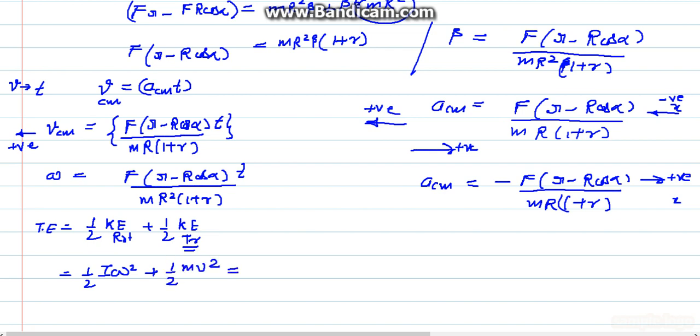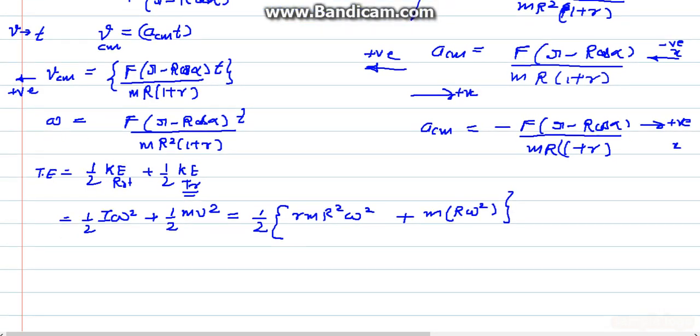Just place the values: one upon 2 we take common, I is gamma mR square into omega square, plus m v, where v is R omega, squared. So we can write 1 upon 2 m v square into gamma plus 1 is the total energy.